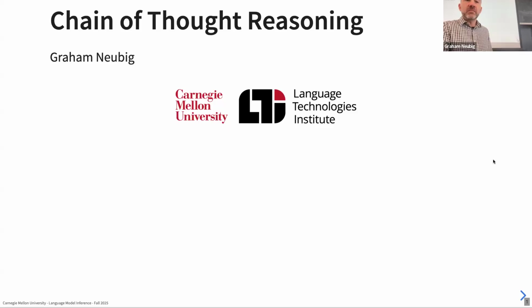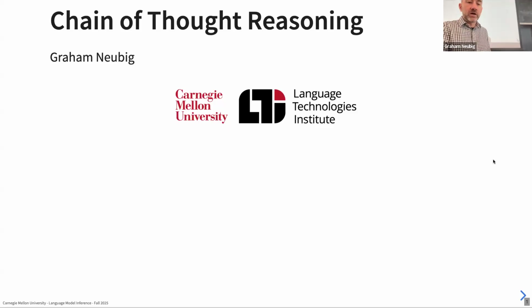So this time I would like to talk about chain of thought reasoning, and this is a fundamental thing that we use in most models nowadays, but it has some interesting properties that we definitely want to know about if we're going to be building models that do inference.